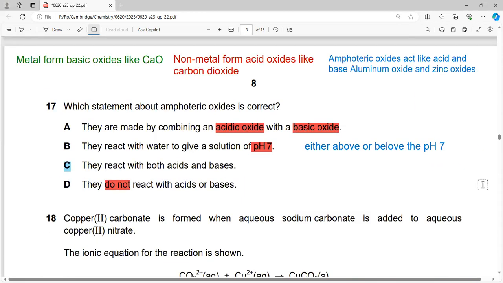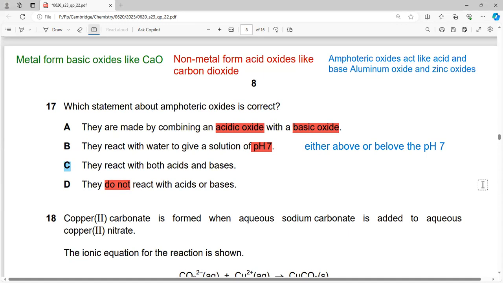Which statement about amphoteric oxides is correct? Here we have three different types of oxide. When a metal reacts with oxygen and produces an oxide, that is a basic oxide, for example calcium oxide. In the same way, a non-metal reacting with oxygen produces an acidic oxide, for example carbon dioxide, which dissolves in water to produce carbonic acid.